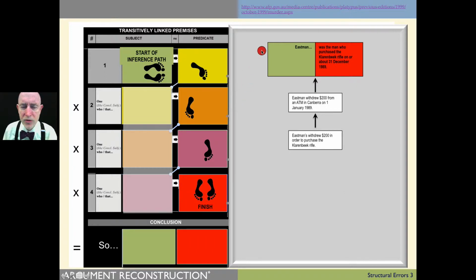Now here we've moved up and put the conclusion, what was called the contention, at the top here. Eastman was the man who purchased the Clarenbeck rifle on or about 31 December 1989. And here are the two premises.